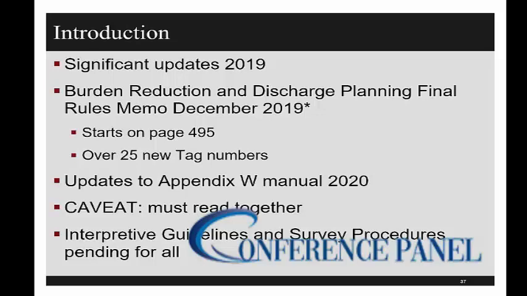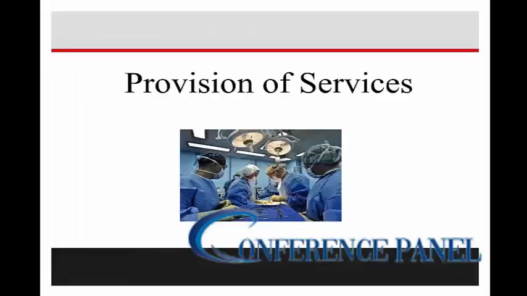The main title was Burden Reduction and Discharge Planning, Final Rule Memos, December 2019. This is where they put in your new tag numbers and the new information, and sadly, the interpretive guidelines for the procedures are pending, and that's for all of them. It starts on page 495 of this particular memo.